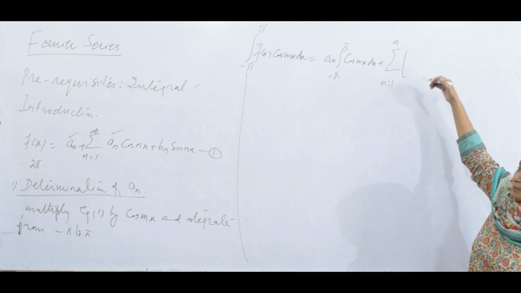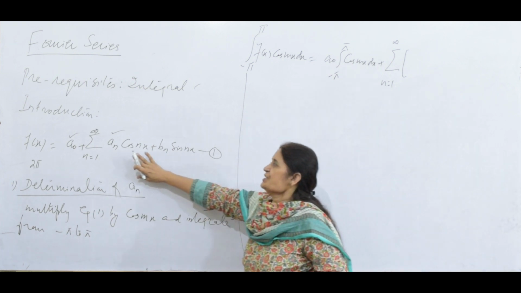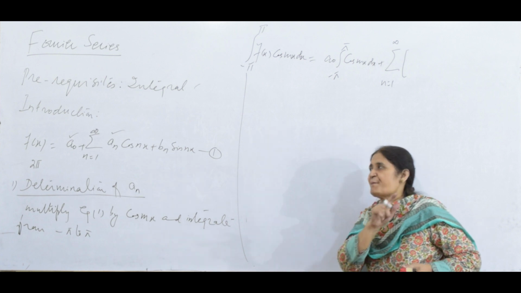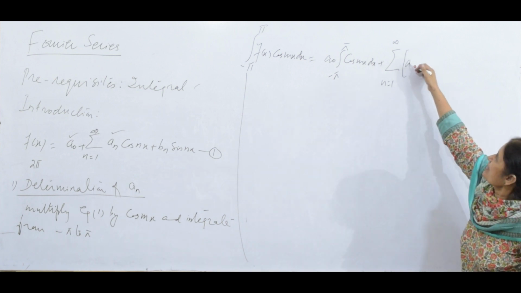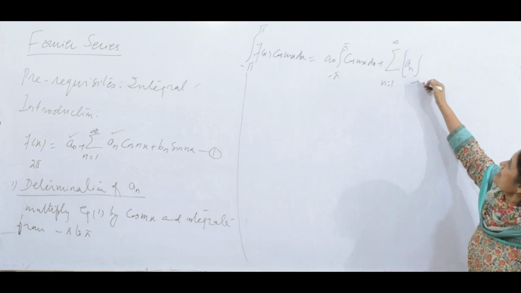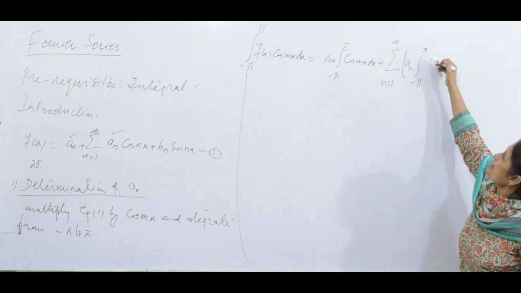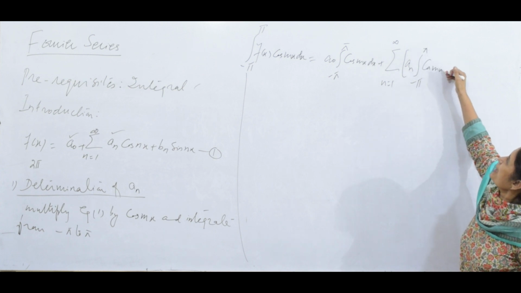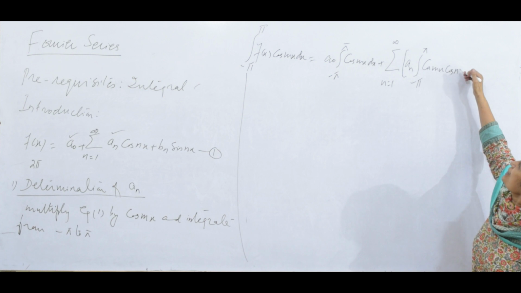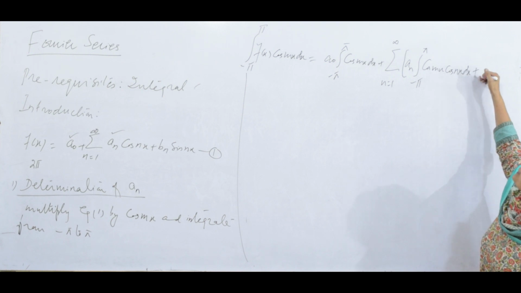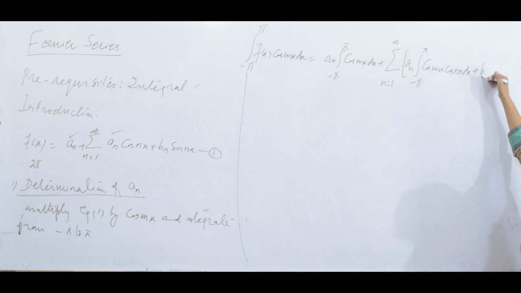I am multiplying this equation, each term multiplied with cos mx. a n is taken out, and I am integrating from minus pi to pi cos mx cos nx dx, plus b n is taken out, and I am multiplying cos mx sine nx dx, and the bracket is closed.